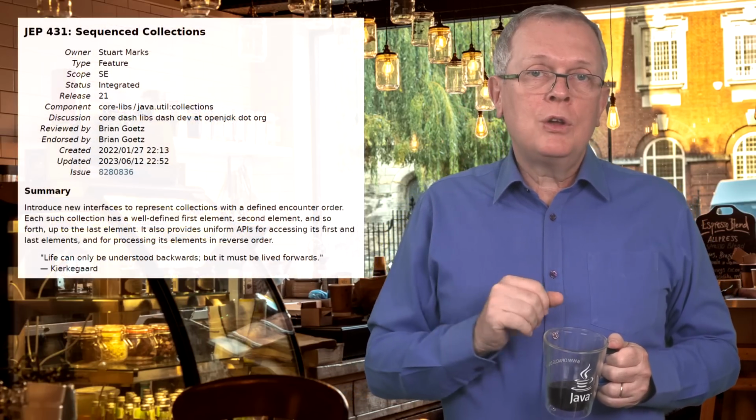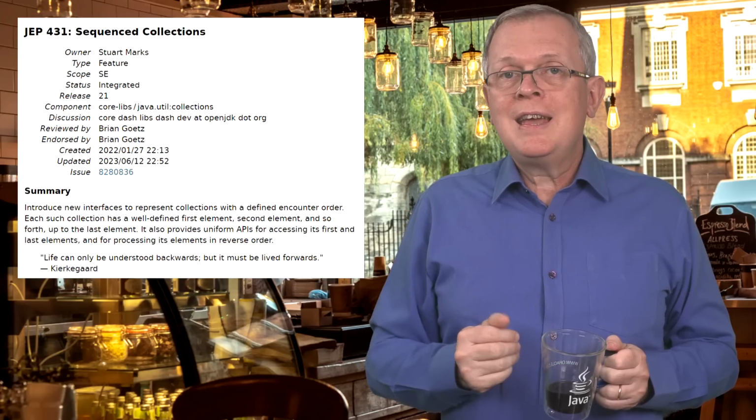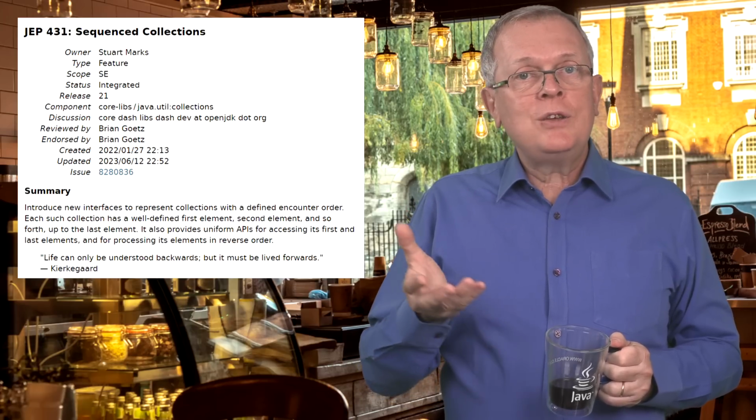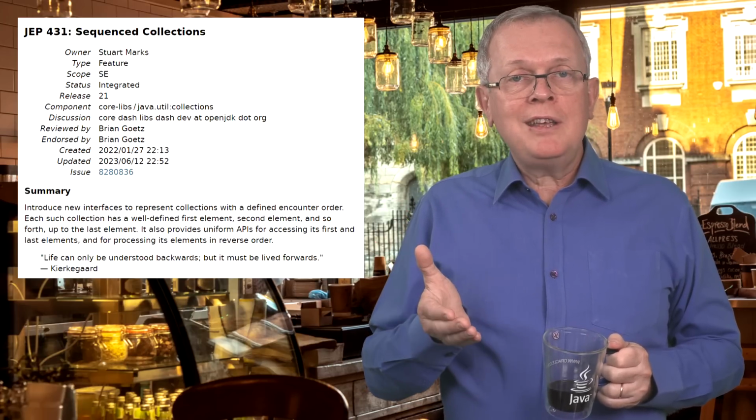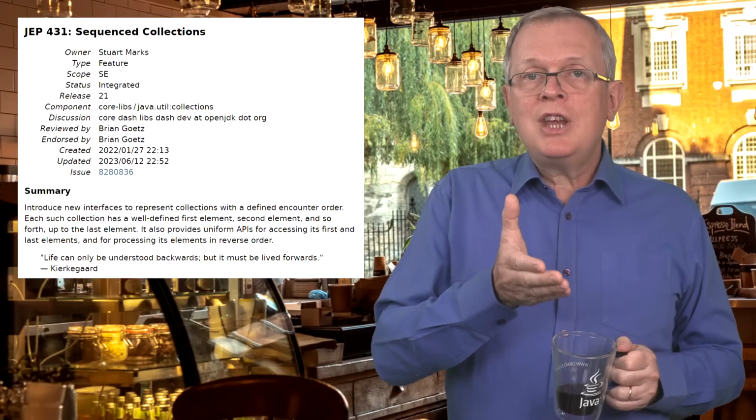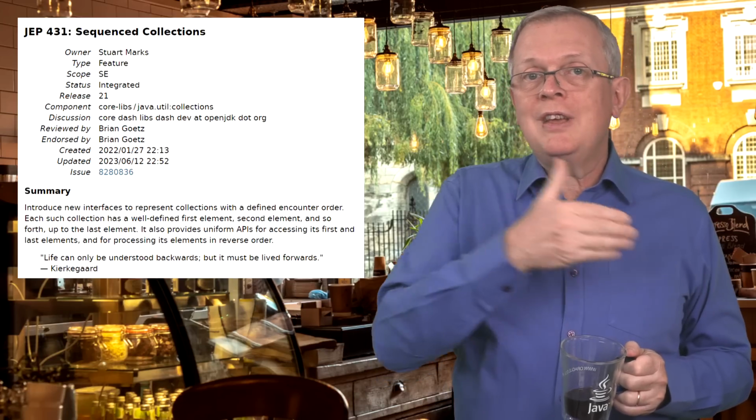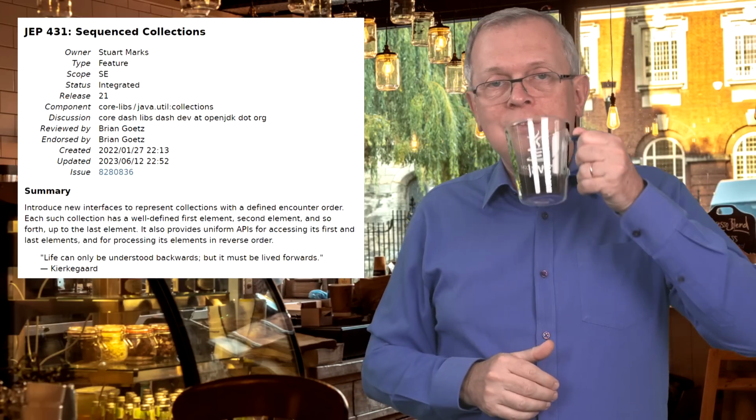And the fact is, as of now, there is nothing in the collection API to model this shared behavior. And this is precisely the gap that JEP 431, called Sequenced Collections, aims to fill. Sequenced collections are modeling a common behavior shared by ordered collections and sorted collections.